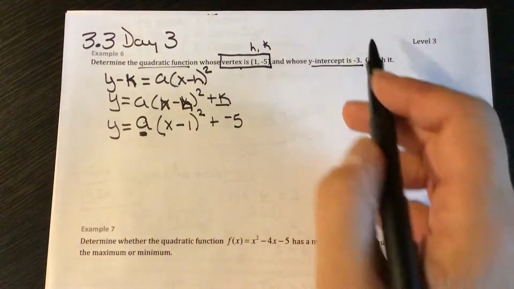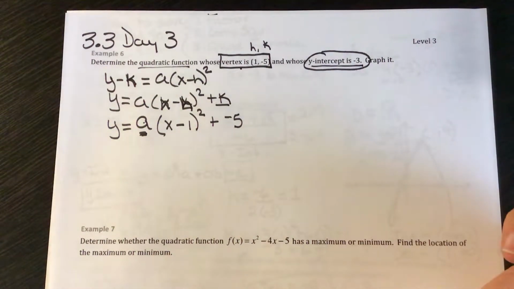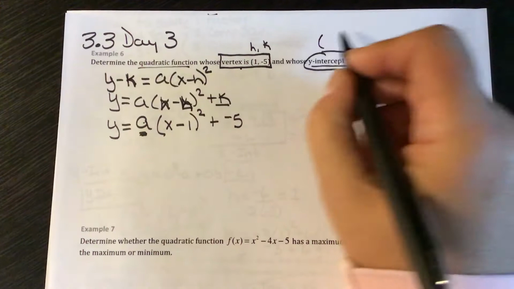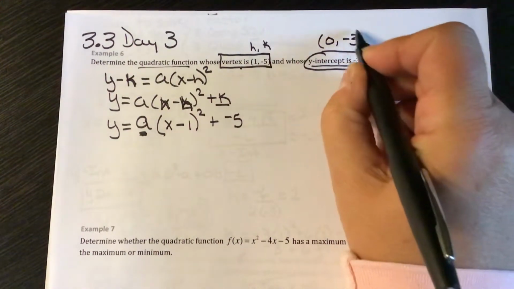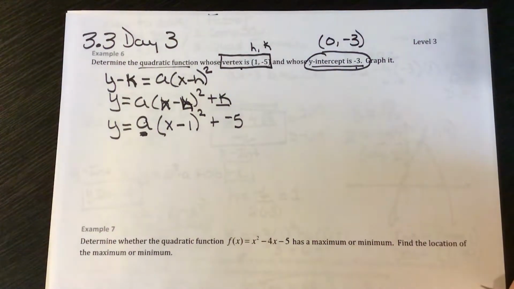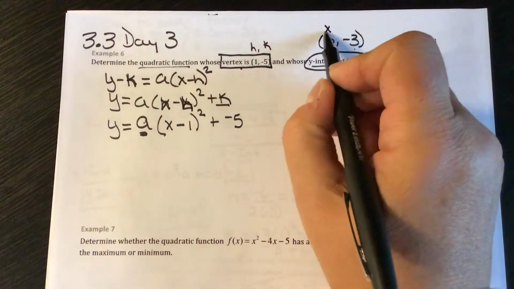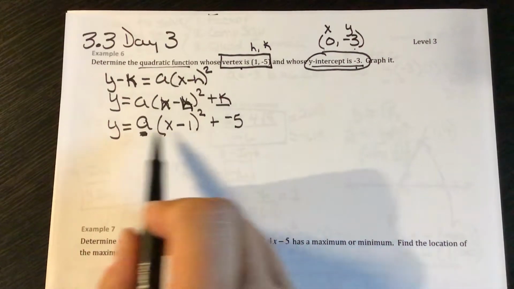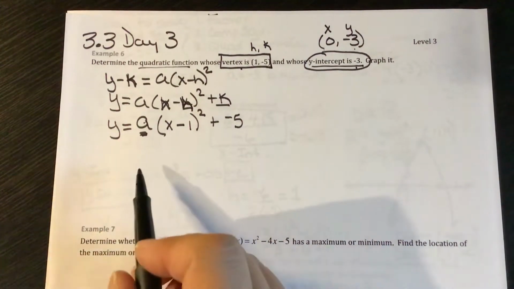So since I know another point, the y-intercept on my graph, remember x is 0 and y is the value, so that would be -3. If I plug these in for x and y in my equation, the only variable I'll have left is a, and I can solve for a.